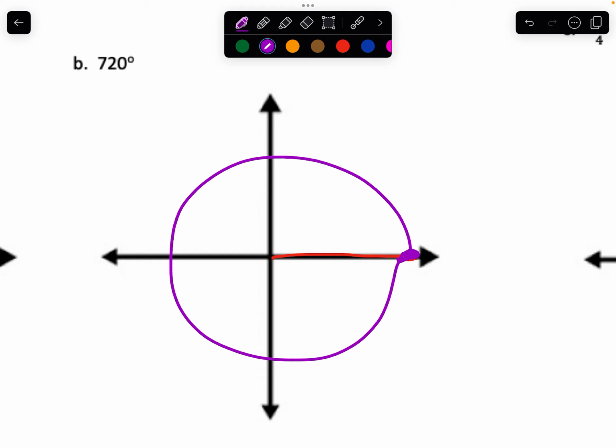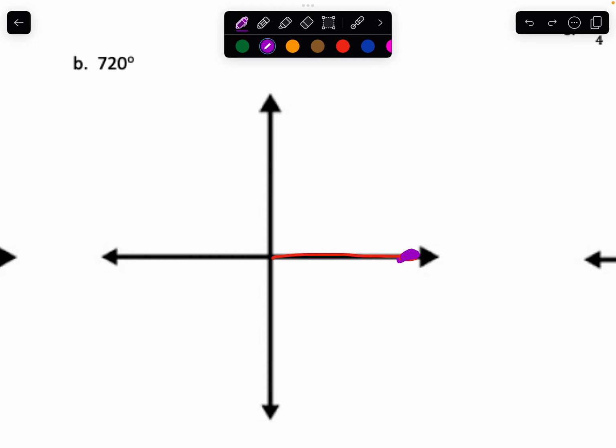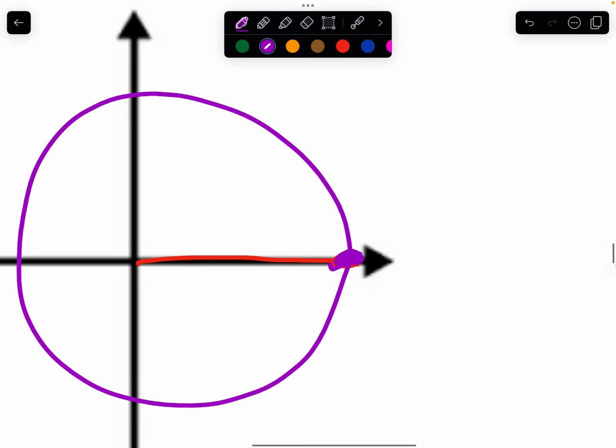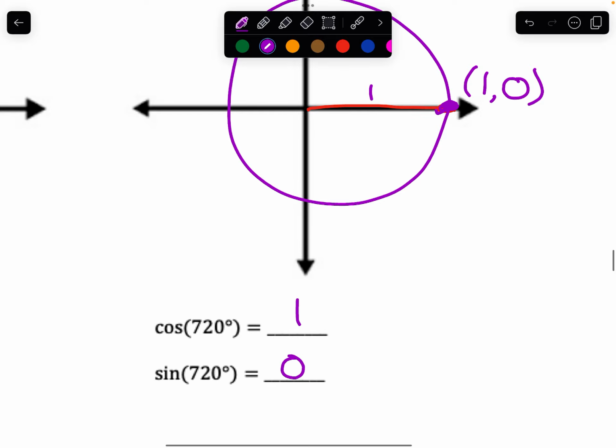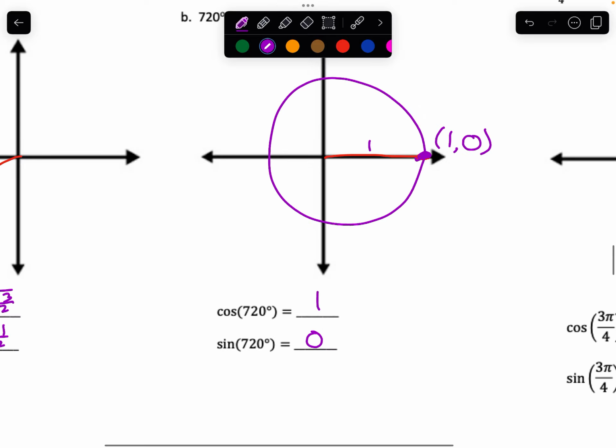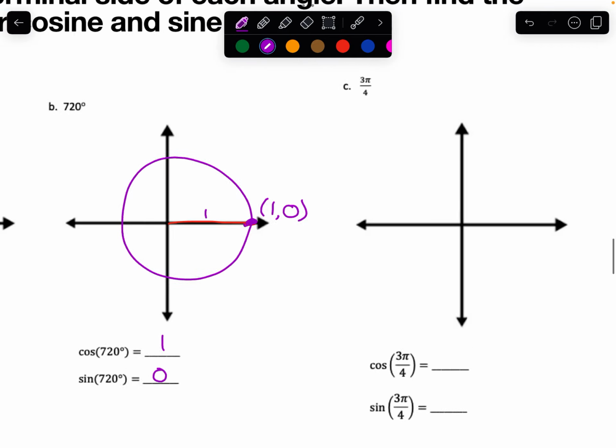That's my attempt at a circle anyway. Remember the unit circle has a radius of 1, and so this coordinate being 1 unit to the right would have an x-coordinate of 1. It is on the x-axis, and so the y-coordinate would be 0. So cosine of 720 degrees is 1, sine of 720 degrees is 0, one of those quadrantal angles.